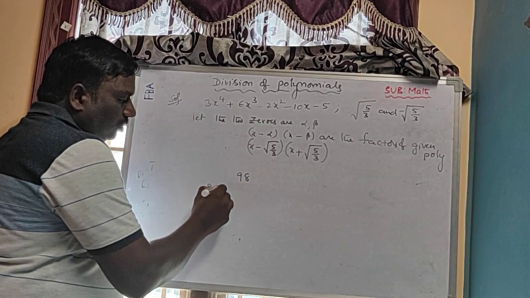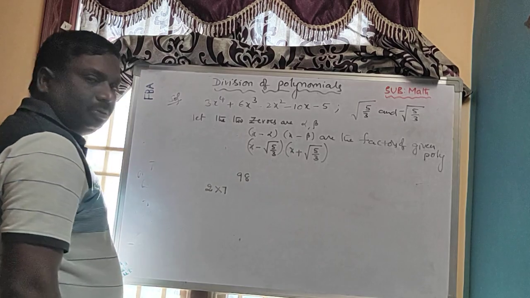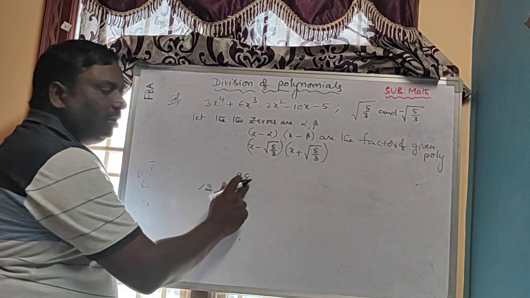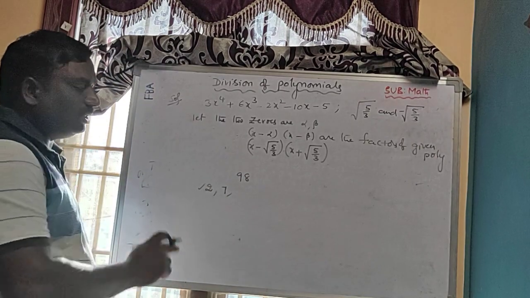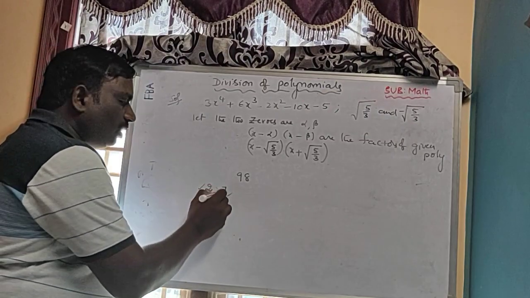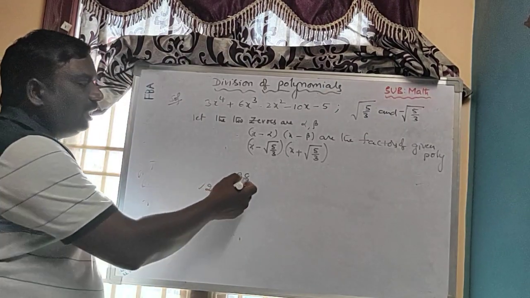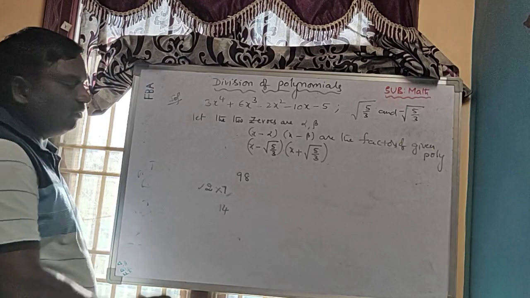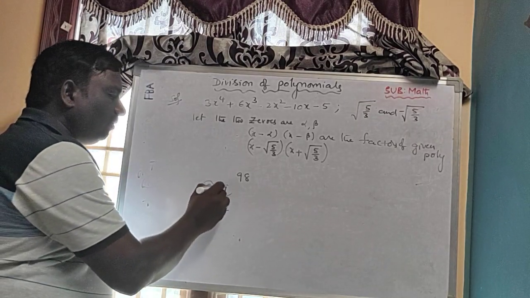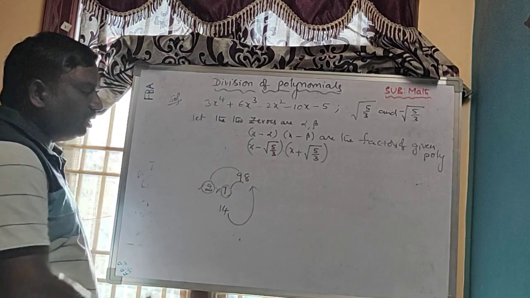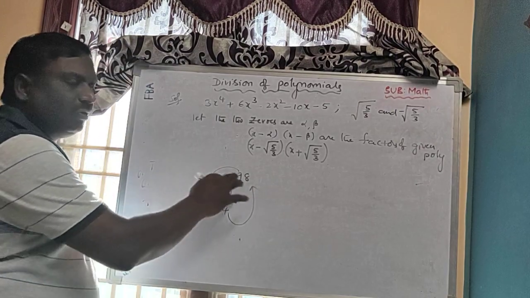So 2 into 7. 2 and 7 are the factors of 98. At the same time, the product of 2 and 7 is also a factor of 98. 2 times 7 is 14. So 14, the product of these two, is also a factor of 98.